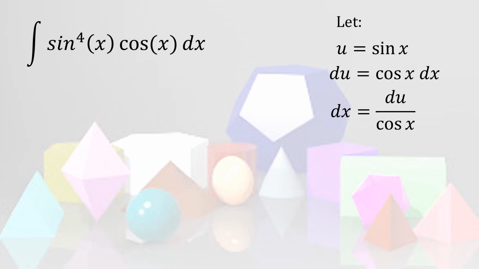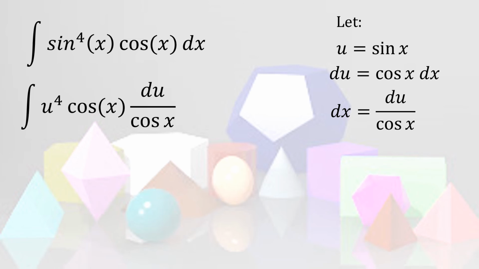So we will be getting dx equals du over cosine x. Then we are going to substitute all the values. So we have the antiderivative of u to the fourth cosine x du over cosine x. Then we can cancel cosine x because it will be equal to 1. So from here, we will be getting the antiderivative of u to the fourth du.